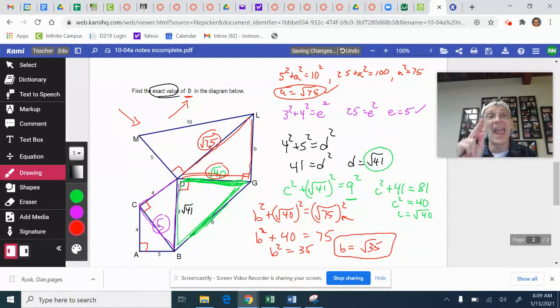Number 1, anytime you have a right triangle with 2 out of the 3 sides known, you can find the third. The other big lesson is anytime you've got a problem where you need to do some calculating and get some results that are not the final answer results, add that result to the diagram, and you may be able to see more clearly the next step that you have to take.